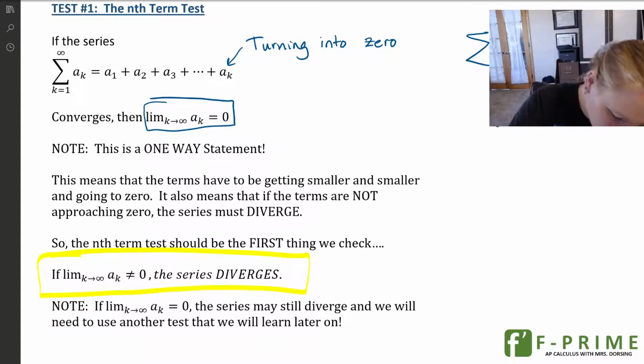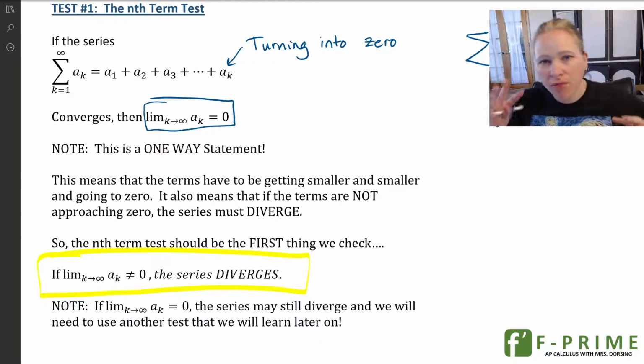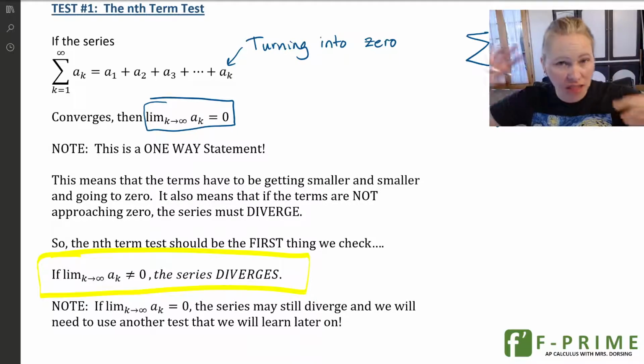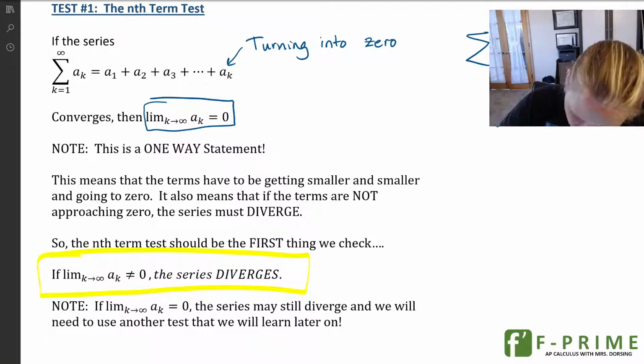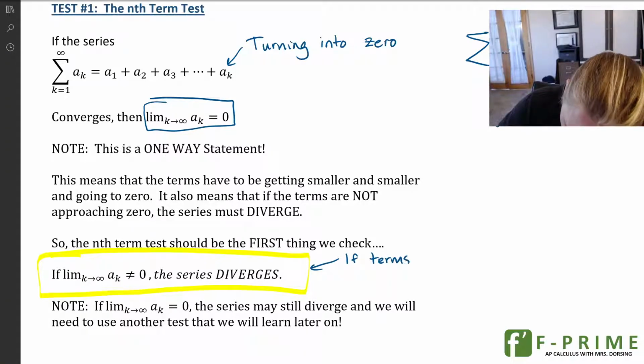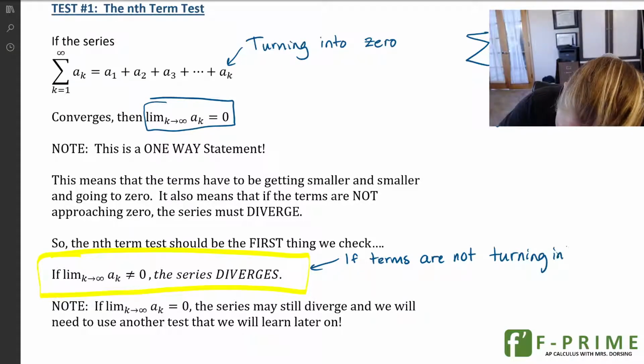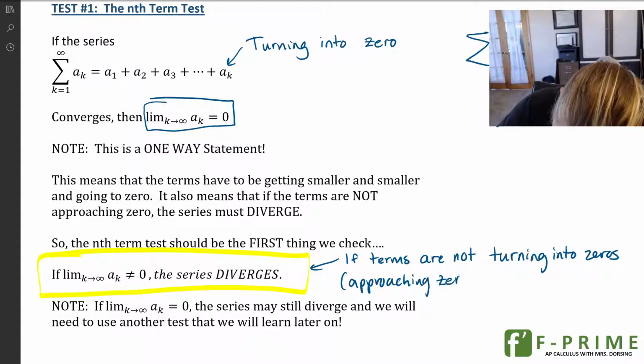So really, if you're not into mathy equations and you're more of a conceptual person, the thing you're going to write down is: if the terms are not turning into 0, we would say approaching 0, you are guaranteed to diverge.